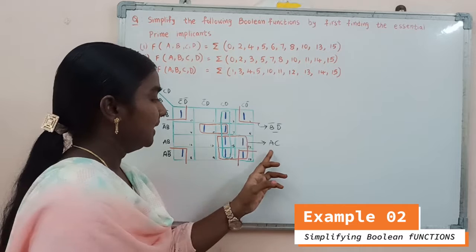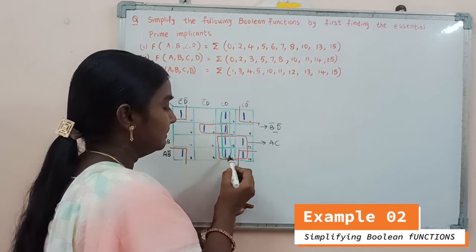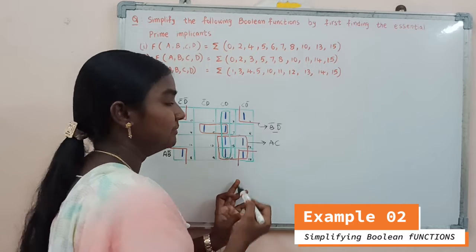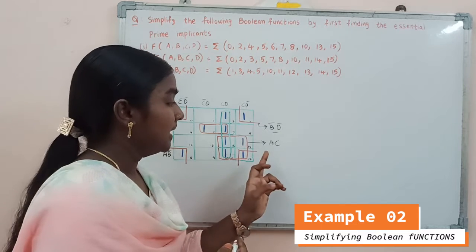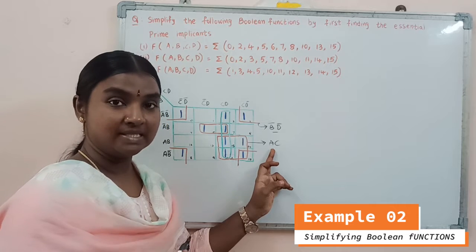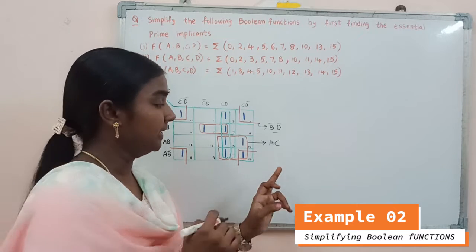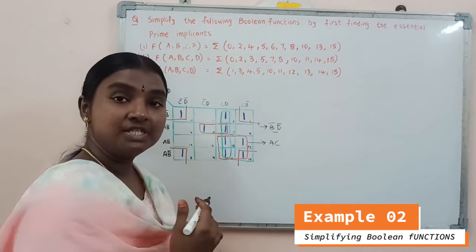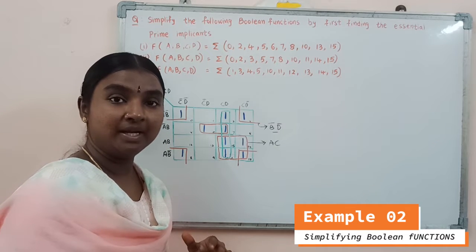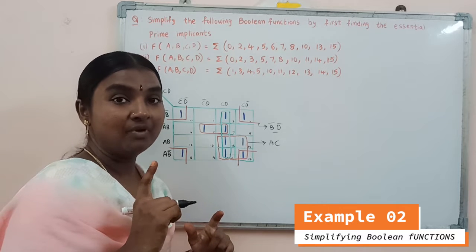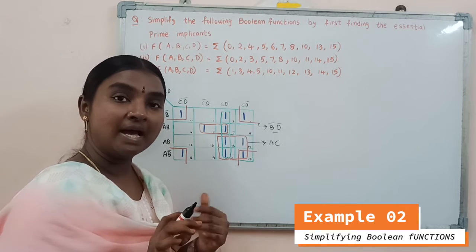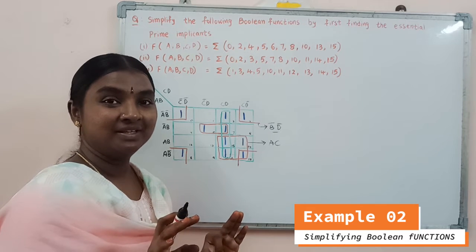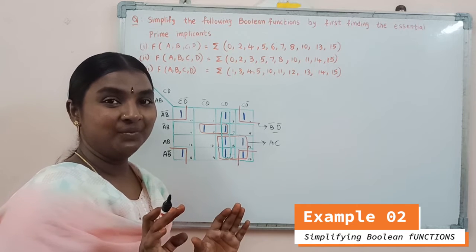So for the 4 minterms M10, M11, M14 and M15 we can make a group and the prime implicant is going to be AC. If we observe this prime implicant, there is a minterm, M14, which is not covered by any other prime implicant. That means at least one minterm is not covered by other prime implicants, so it is an essential prime implicant. Now it is clear to all of you.